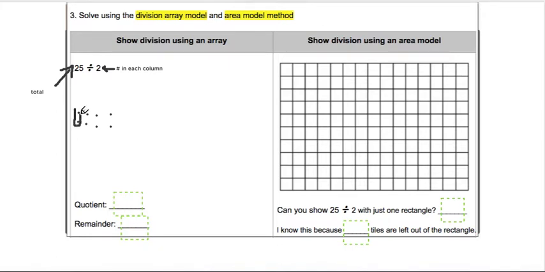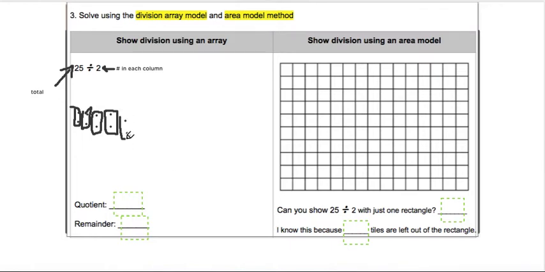So far we have 1, 2, 3, 4 columns of 2. How many is that? 4 columns of 2 or 4 groups of 2. Good, we have 8. So we can keep going because we have to go all the way to 25.